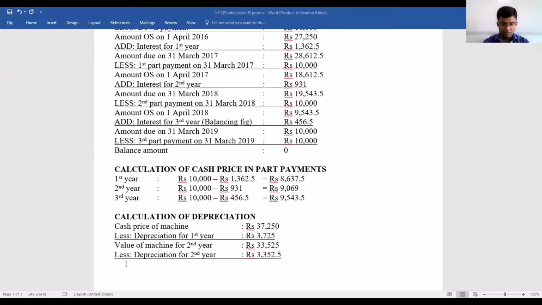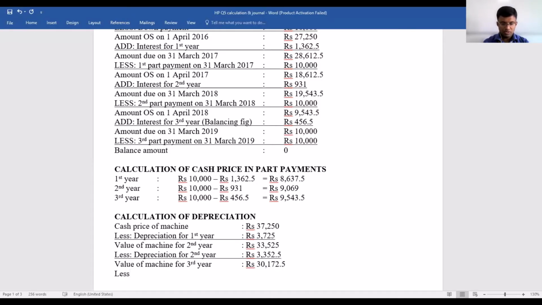So now value of machine for third year will work out to be 30,172.5.